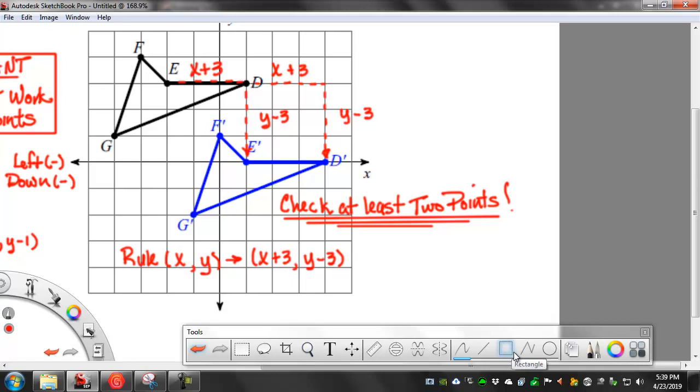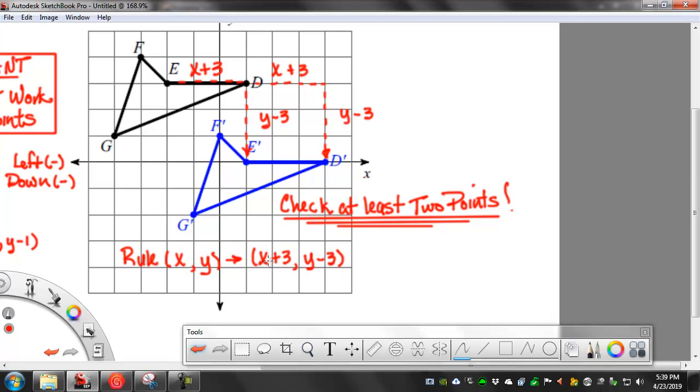One thing that I would use as a general rule, instead of trying to check all the points, which is still a good thing to do: usually if you can check 2 points and it works on 2 points, it's going to work on the other points as well. So now to write this rule, I would say the rule is in parentheses, x comma y, and then I have an arrow notation. This is called arrow notation.